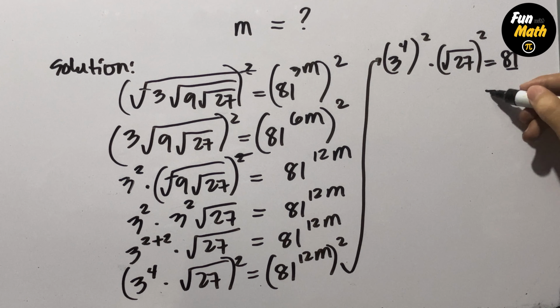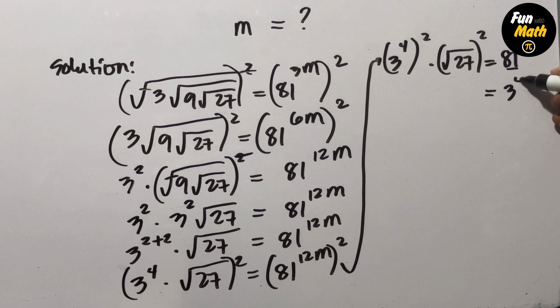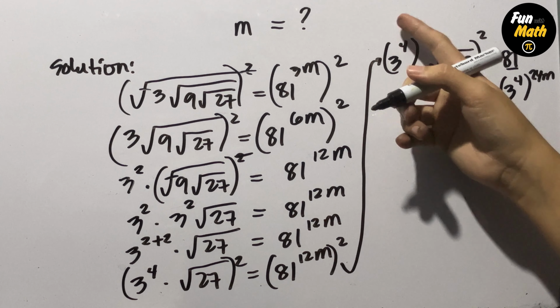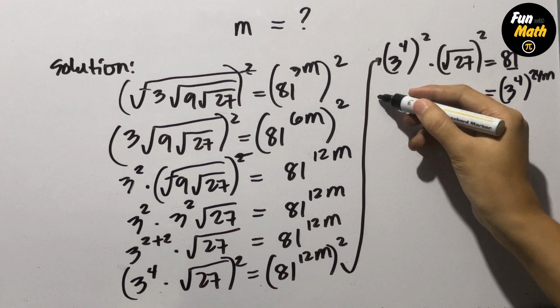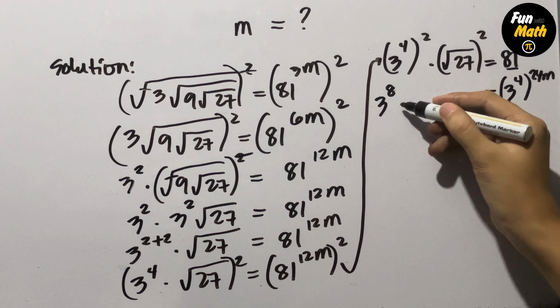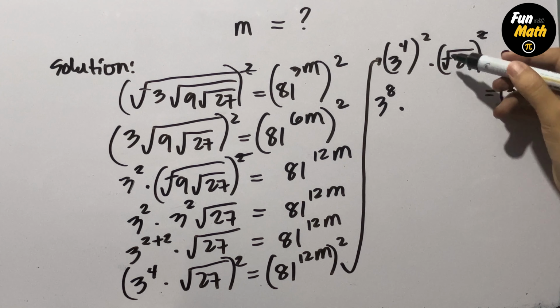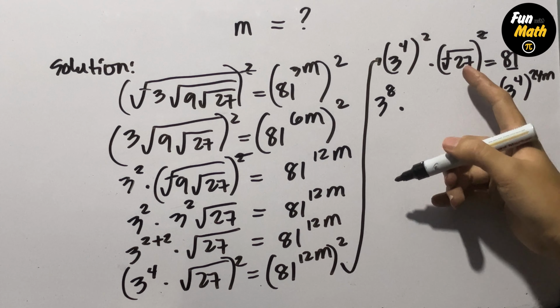So let's write it first equals 3 to the power of 4 whole to the power of 24m. And on the left side, 4 times 2, that is 8. So this is now 3 to the power of 8 times, for this, we can cancel the square and the radical. So we're left with 27.